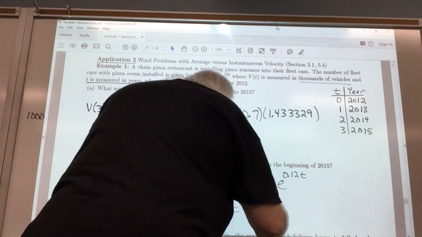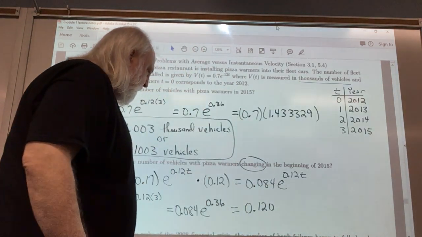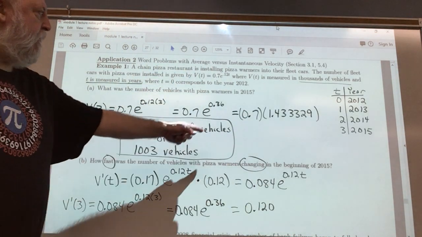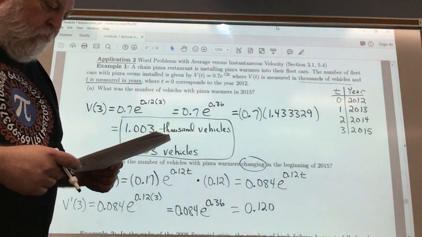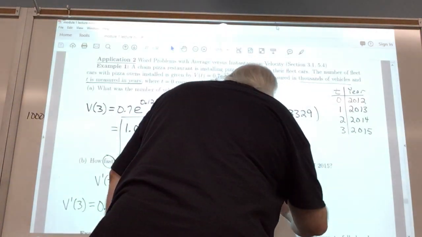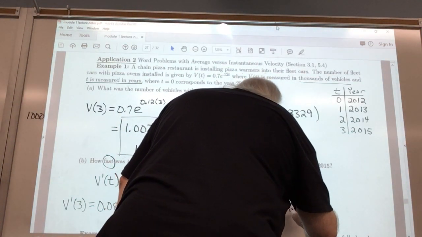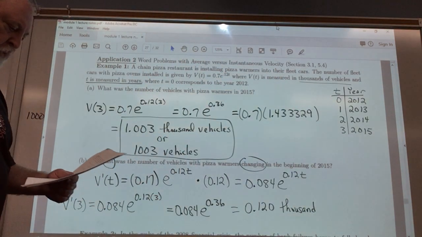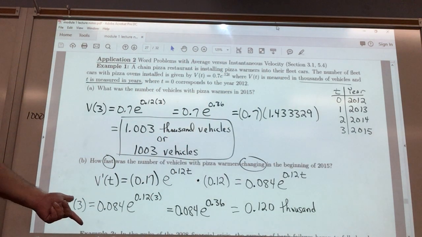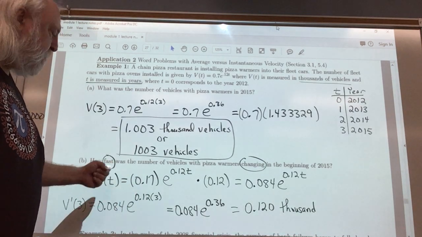0.120 to 3 decimal places. And again, I'm doing it to 3 decimal places because v of t is in thousands of vehicles. So we have 0.120 thousand, thousand what? What are the units? Well, this is like a speed.